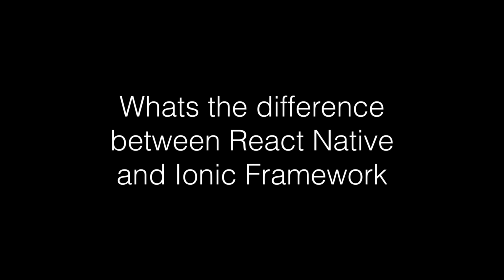So I mentioned the Ionic framework before, and I have done quite a bit of development on it. What is the difference between React Native and Ionic? I would like to show you the structure of an Ionic app.